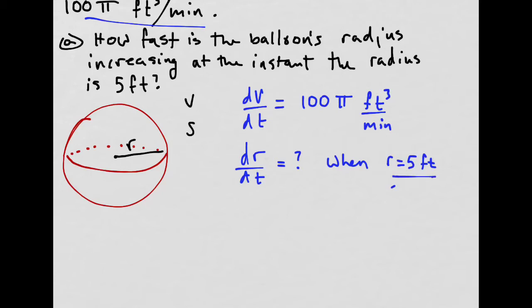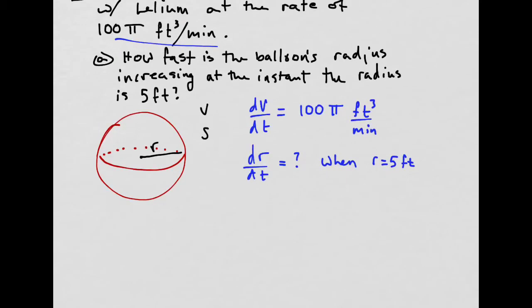So don't plug this in yet. Watch. So first we drew a picture, then we wrote down variables for anything that's changing, and then wrote down the rates that we have, the rates that we want, and the instant that we want them.